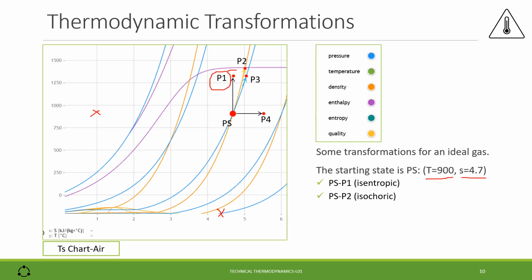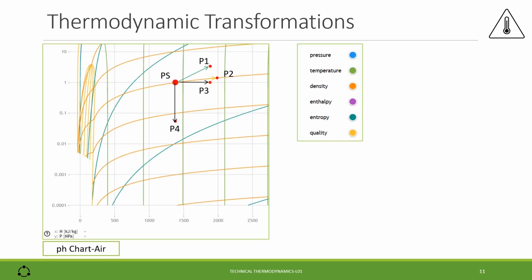The transformation PS-P2 is isochoric. The transformation PS-P3 is isobaric. The transformation PS-P4 is isothermal, since parallel to the horizontal axis. And because in a perfect gas, enthalpy and internal energy are only dependent upon temperature, the isothermal transformation is also isenthalpic and isodynamic.